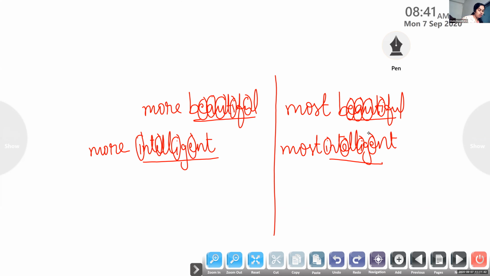So when there are three or more vowel units, we have to add more in comparative and most in superlative. Got it? It's not like the small words like hot, big, brave, wise and all. So when you get a long adjective, keep in mind, you have to add more in comparative and most in superlative.